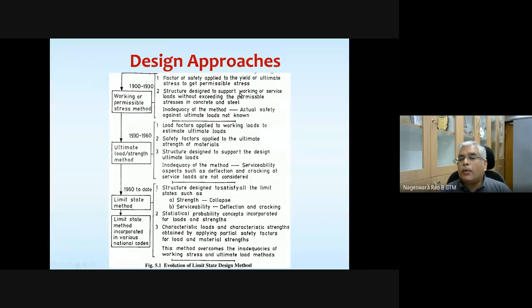The structure is designed to support working or service loads without exceeding the permissible stress in concrete and steel.